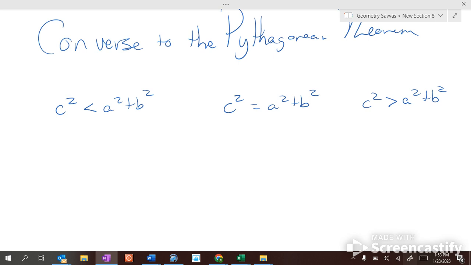C squared could be equal to a squared plus b squared. Or c squared could be greater than a squared plus b squared. If it's less than a squared plus b squared, it's a good looking triangle. So what kind of a triangle is a good looking triangle? An acute triangle. Yeah, it is really an acute triangle. Thank you for laughing. All right. Equal to is a right triangle. Greater than would then be obtuse.